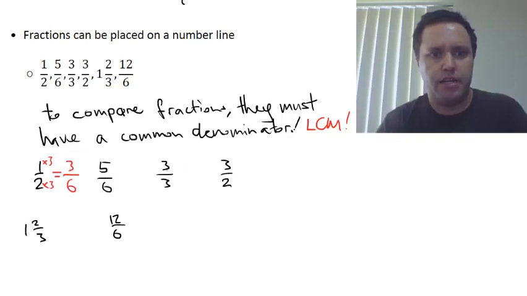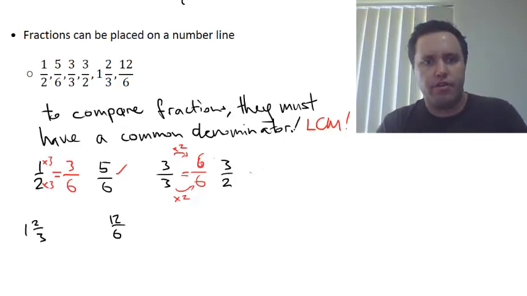This one's already done, so just leave that. 3 over 3 needs to get to something over 6, so you times by 2, and we've got 6 over 6. 3 over 2, that needs to be something over 6. 2 times 3, so this is going to be times by 3. So we've got 9 over 6.